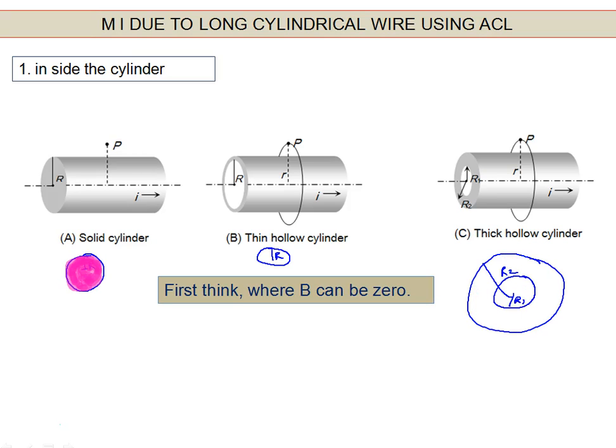So you have to tell me where the magnetic field can be zero. I think you will say in this situation the magnetic field inside cannot be zero, because definitely inside, if you take any Amperian loop, there must be some current. But here inside, if you make the Amperian loop, there is no current, so B inside can be zero. Again here you will say in this region B cannot be zero, but in this region B can be zero. Let me show it.